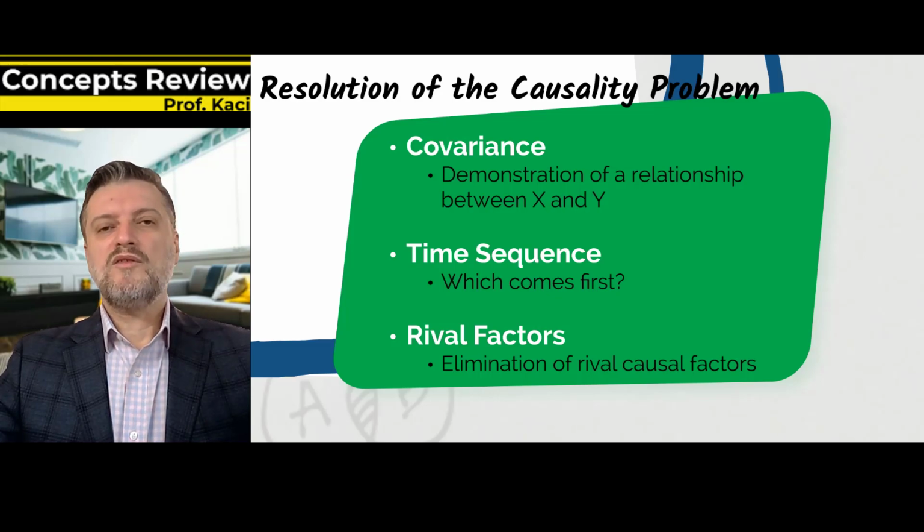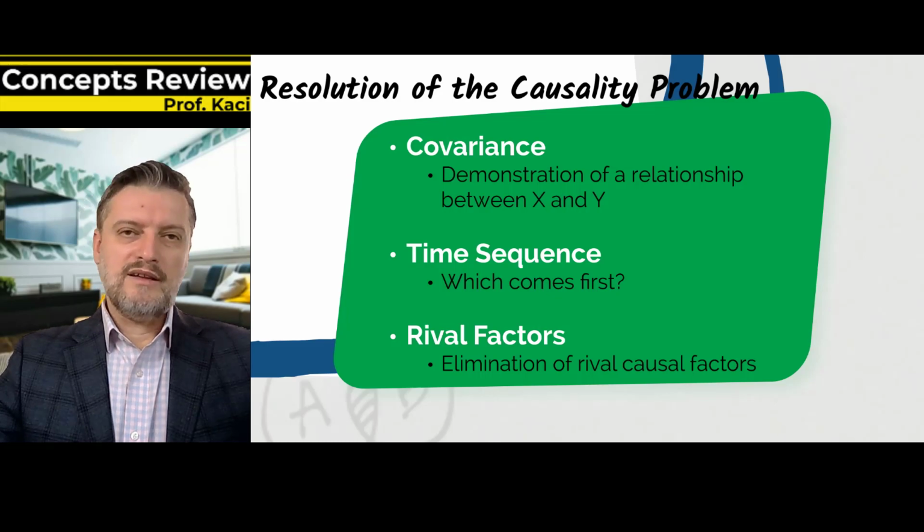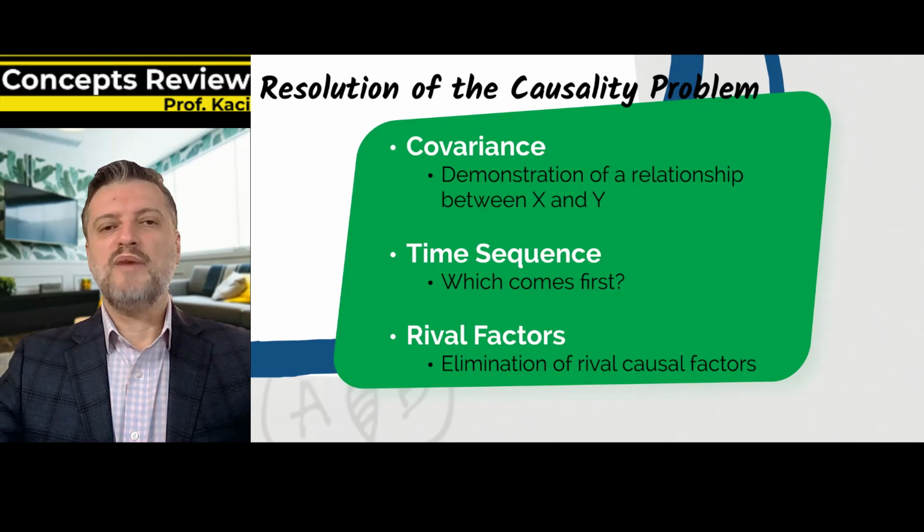The problem of causality has been a subject of continuing philosophical discussion, but scientific investigation is based on an assumption that the fundamental nature of reality can be known, that causation lies at the basis of reality. To approach this matter, scientific investigation entails basically three essential steps for resolving the causality problem.